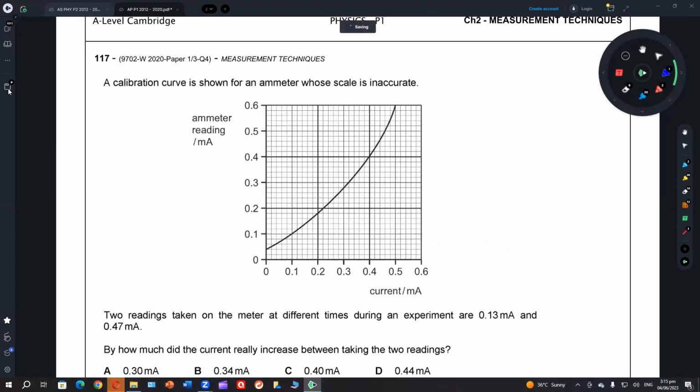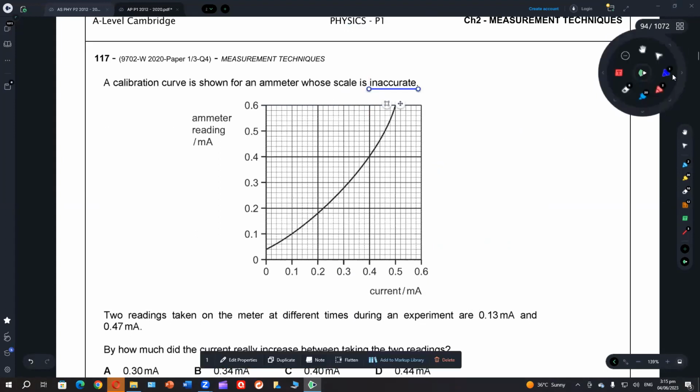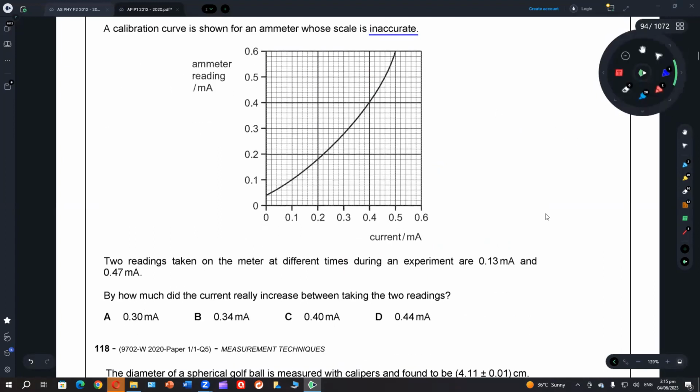A calibration curve is shown for an ammeter whose scale is inaccurate. Two readings taken on the meter at different times during an experiment are 0.13 and 0.47. How much did the current really increase, taking the two ammeter readings?